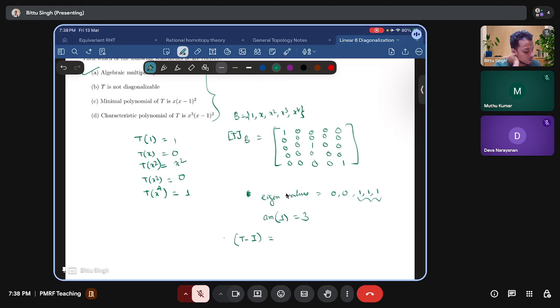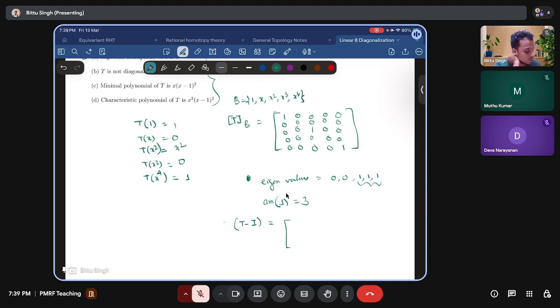So if you subtract this, then this will look like 0 minus 1 0 0, sorry, 0 minus 1, then 0 minus 1 0, this kind of matrix.